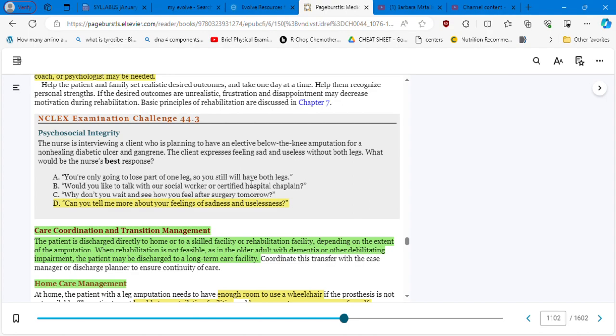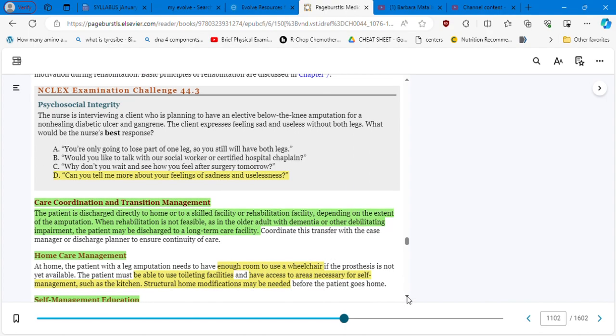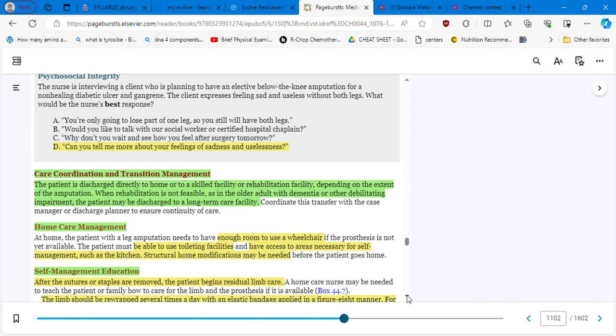And the answer is, can you tell me more about your feelings of sadness and uselessness? These answers are in your electronic version. If you go to student resources and you select the chapter under answer key, you can find these answers.